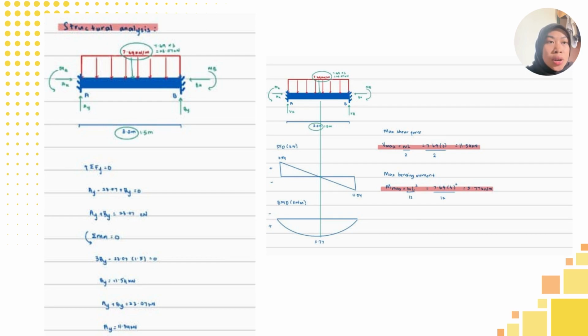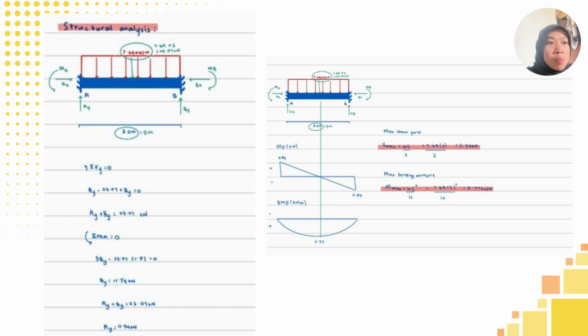The applied loading on the beam consists of the total design load of 7.64 kilonewton per meter, acting along the span. This load represents the combined effects of dead load and live load. The loading diagram was first drawn to clearly visualize how the load is distributed along the beam before proceeding with calculation.